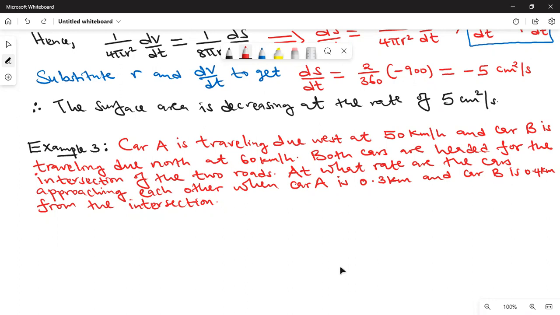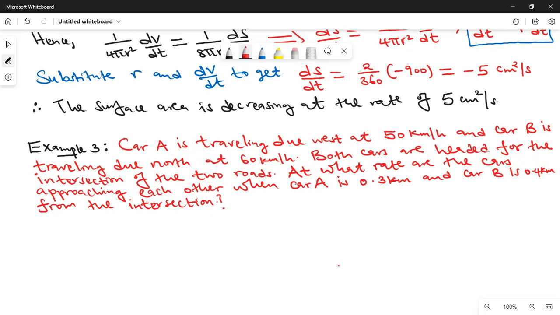At what rate are the cars approaching each other when car A is 0.3 kilometer and car B is 0.4 kilometer from the intersection? That should be a question mark. So we'll have a question mark here. So let's see how to go about this problem.